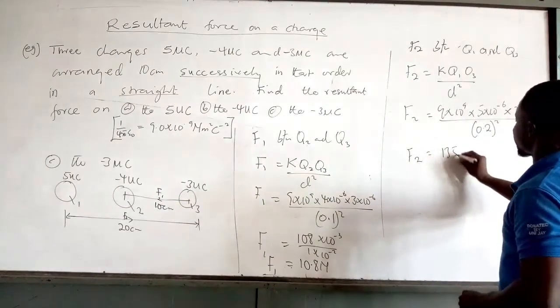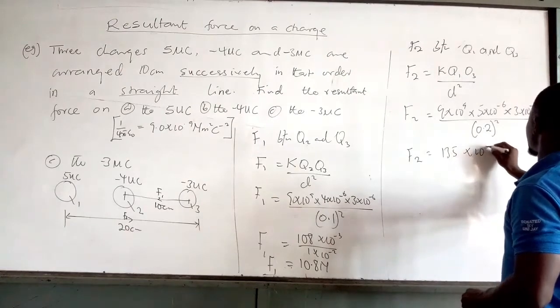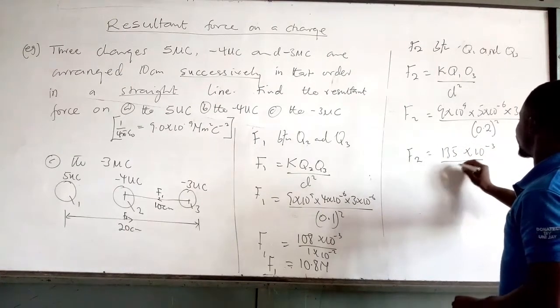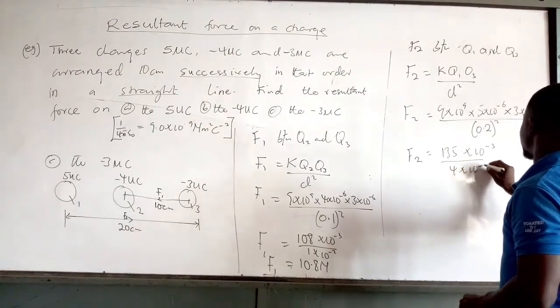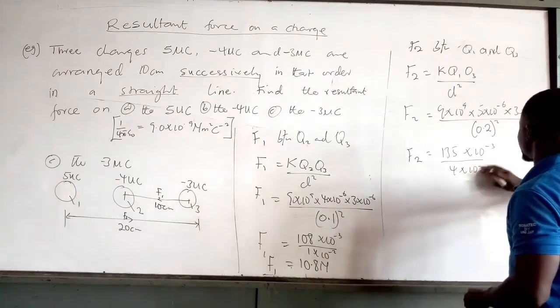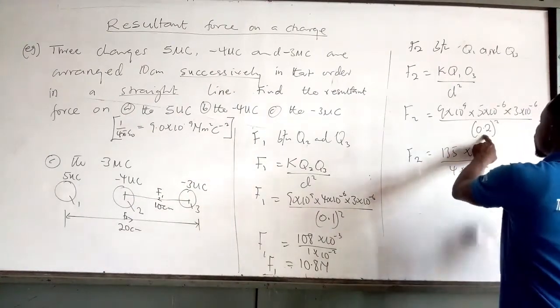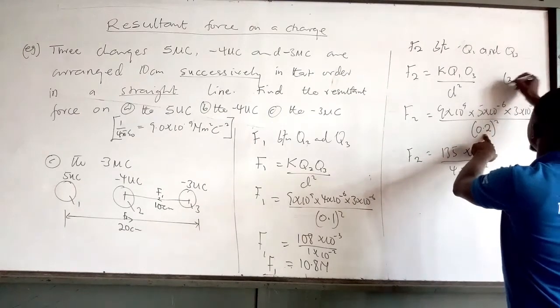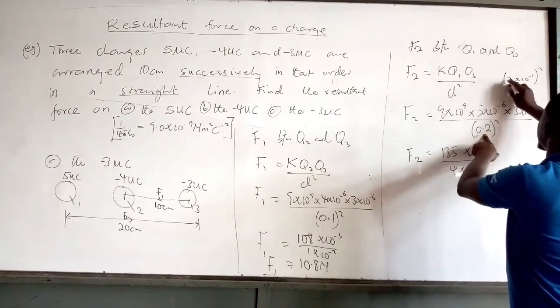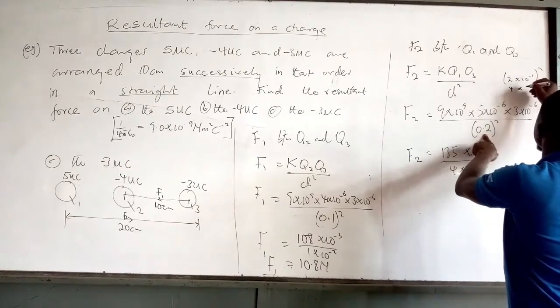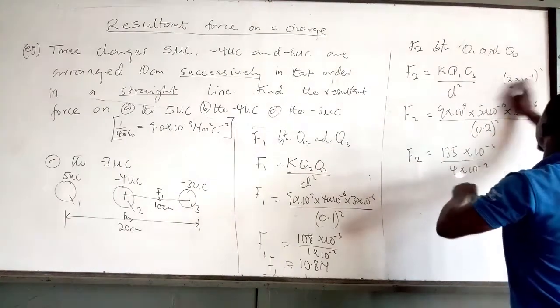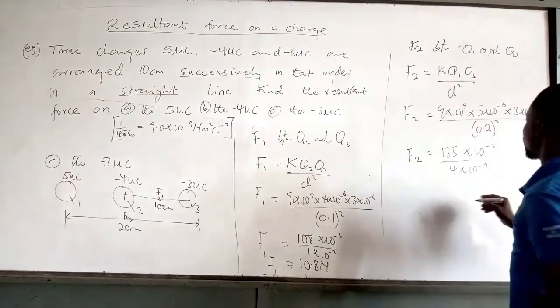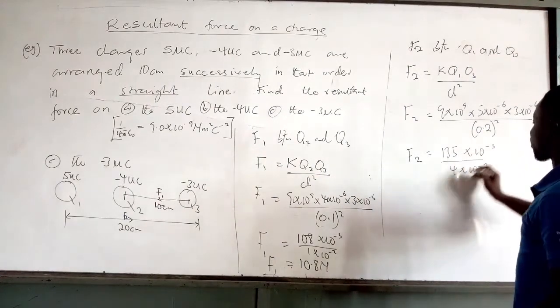So F2 is equal to, we multiply 9 times 5 times 3, that will give me 135 times 10 raised to the power negative 3 all over 4 times 10 raised to the power negative 2. This is 2 times 10 raised to the power minus 1. So when you square this, to give you 2 squared, 4 times 10 raised to the power minus 2. Alright? That is the reason why I got this one. So that when this one cancels this, I'll get times 10 raised to the power minus 1.